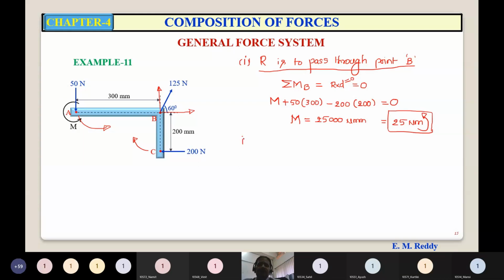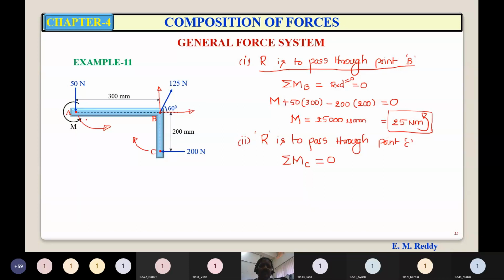Now the second part. When the line of action of resultant is to pass through point C. Taking the algebraic sum of the moments of all the forces about point C is equal to 0, because the line of action of resultant is passing through it.